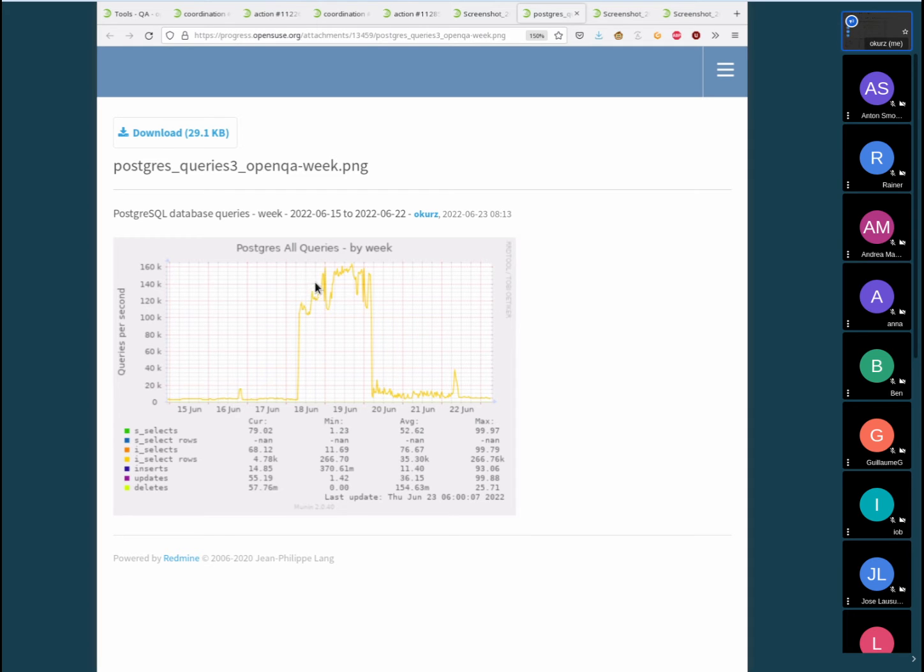And this lasts for nearly 2 days. But nobody ever complained about performance problems on openqa.opensuse.org, and we didn't observe any performance problems there. Then suddenly it went down to a level still higher than previous, but a good level. And then sometime later, after the 20th of June, it returned to what I would say is the normal level.